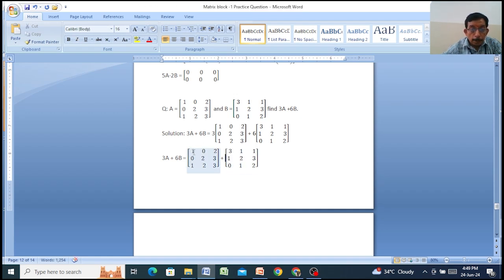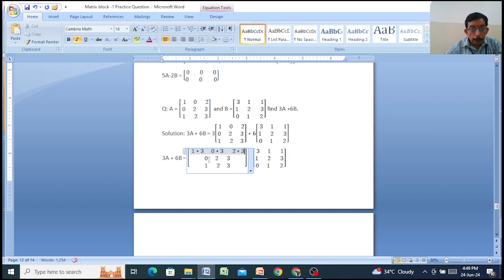The matrix A is multiplied by 3, so each element of the matrix A is multiplied by 3. First we start with the first row: the value 1 is multiplied by 3, then 0 multiplied by 3, then the last value of the first row multiplied by 3.